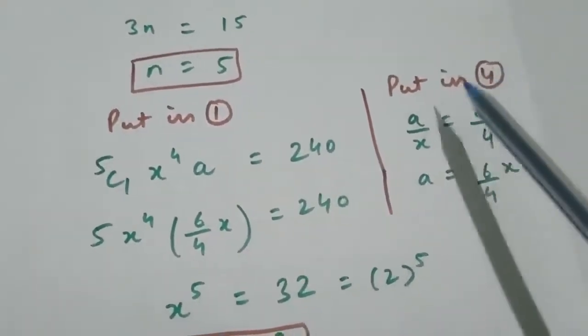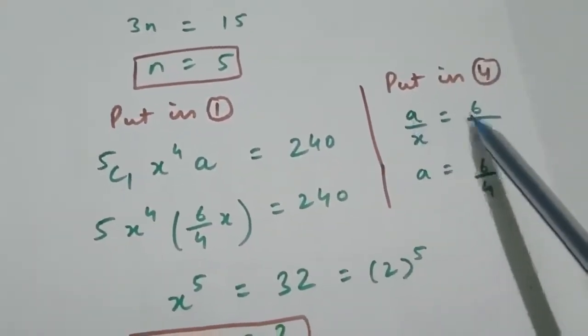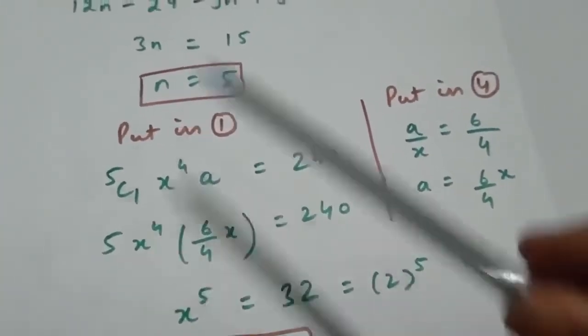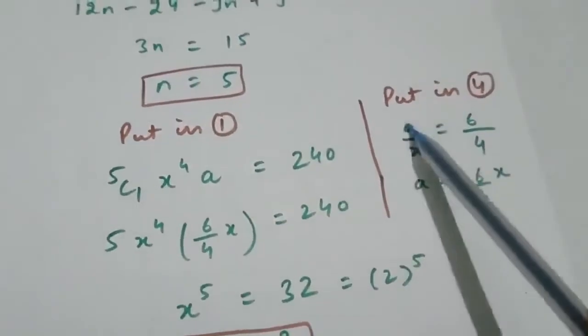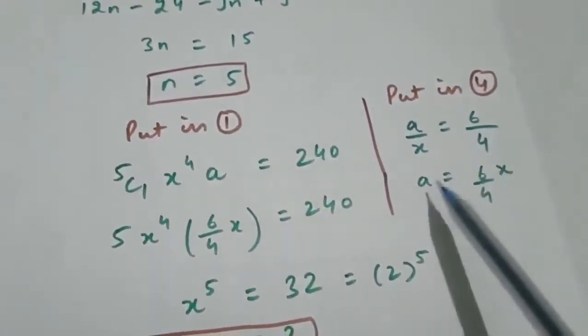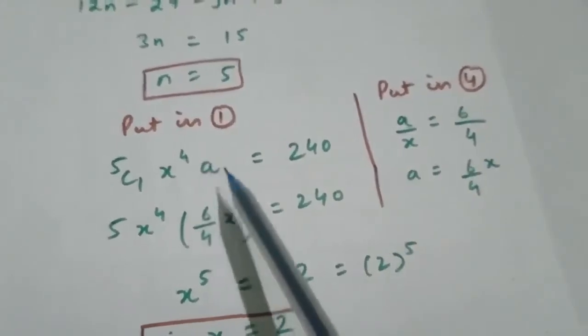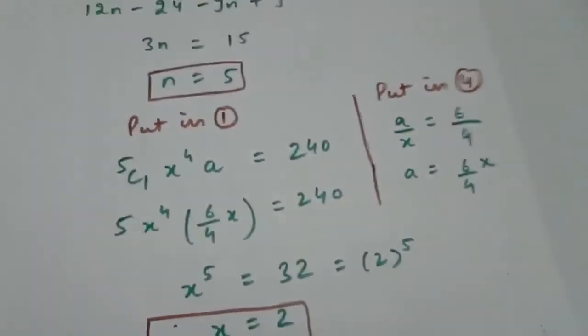Also 4 was a upon x is equal to 6 upon (n minus 1). Now n is 5, so n minus 1 will be 4. So a by x is equal to 6 by 4. a is equal to 6 by 4 x. So in place of a, we are writing this 6 upon 4x.